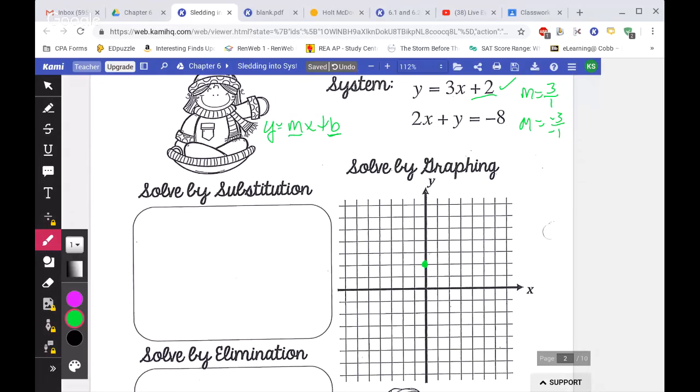If I go up 3, 1, 2, 3, I would have to go right 1, because right is positive. And if I go down 3, 1, 2, 3, I would go left 1, because left is negative. So down is negative, left is negative. 1, 2, 3, left 1. So there's my first line.